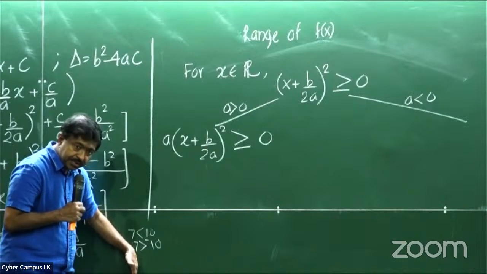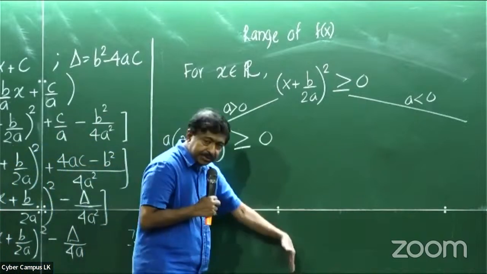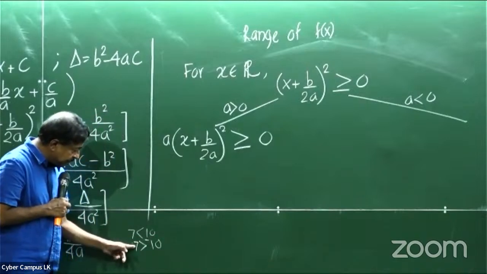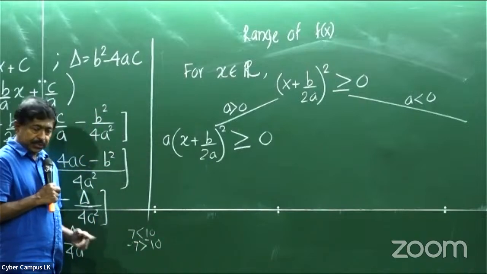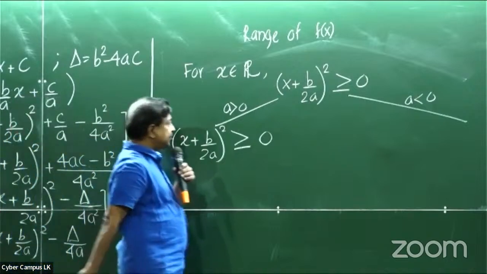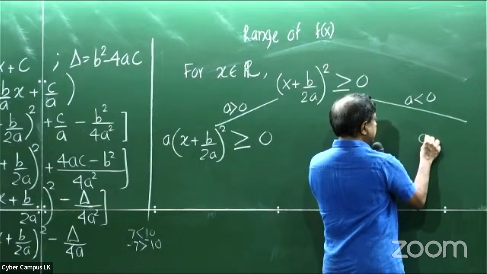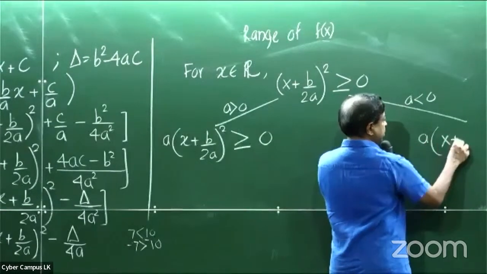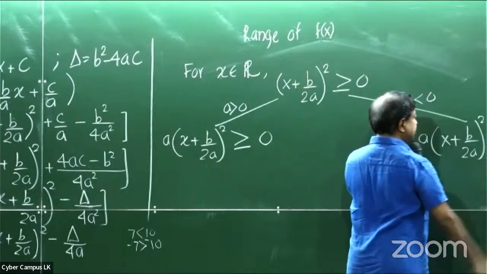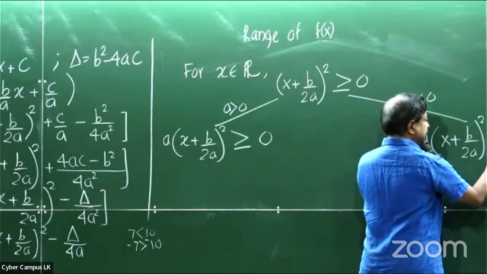Minus 10 comes first, then minus 9, minus 8, minus 7. So if you compare these two, minus 7 is greater. So here the inequality should be reversed. When you multiply something by a negative number, the inequality should be reversed. So you get this. Right-hand side, you get 0. However, this should be reversed.